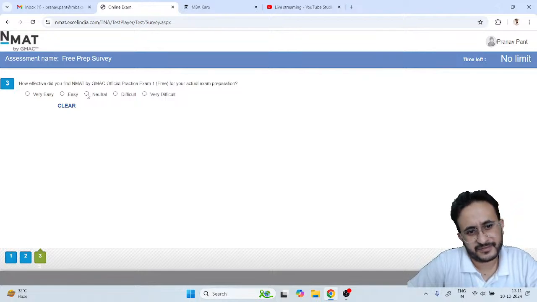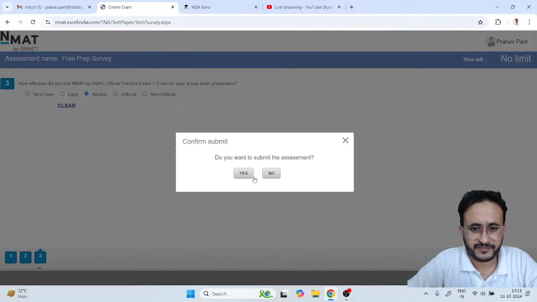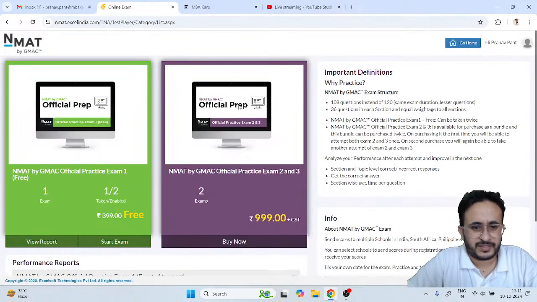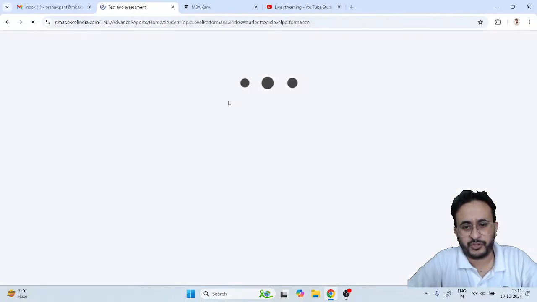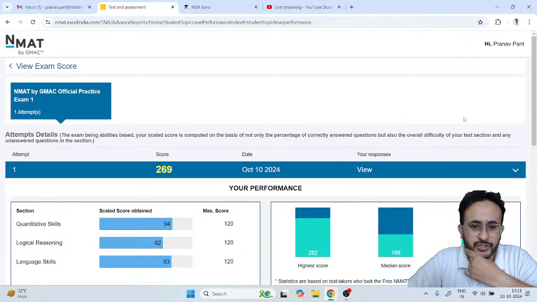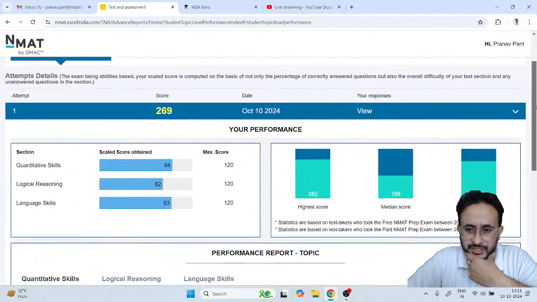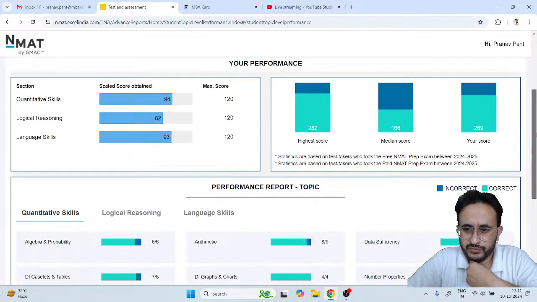Effective. What's a neutral? Okay, you can give thing. So we can view the report also. Let's see that how many of I got correct. So the high score is 282.